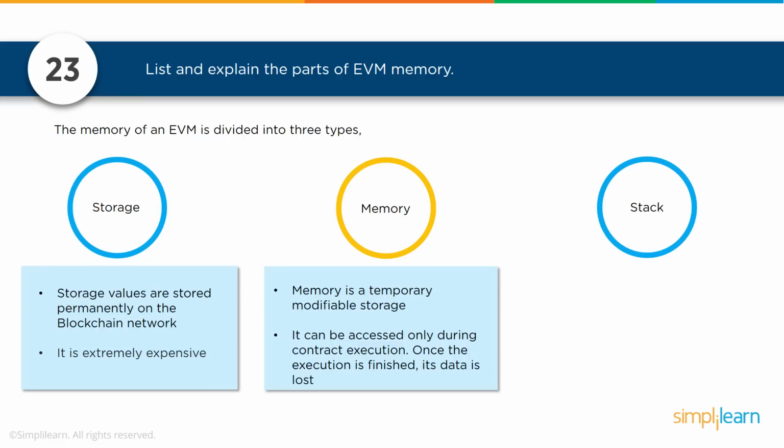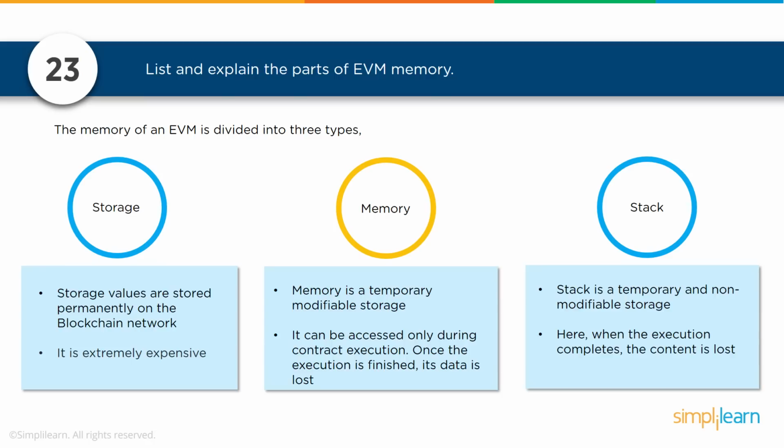It can be accessed only during the contract execution, and once the execution is finished, the data is wiped off and lost. Stack, on the other hand, is a temporary and non-modifiable storage. Here, when the execution is completed, the content is lost. So basically, memory and stack are relatively much cheaper than storage variables.